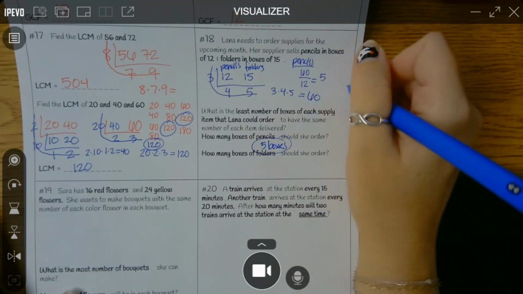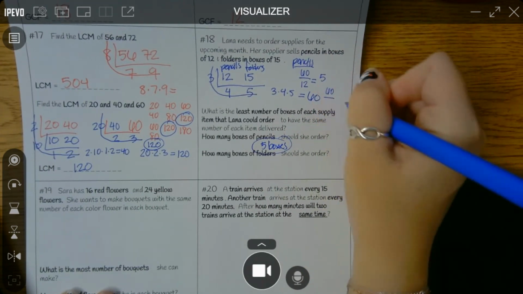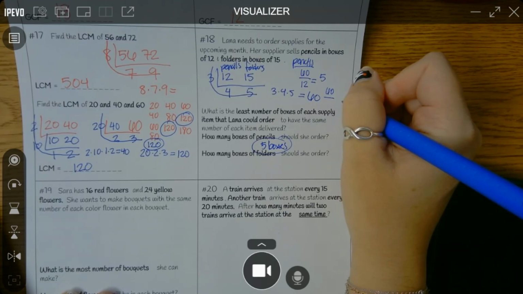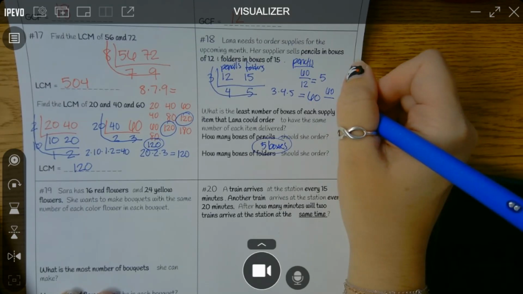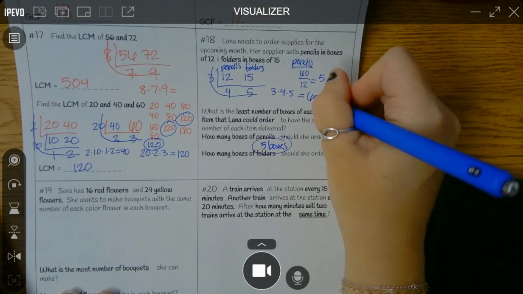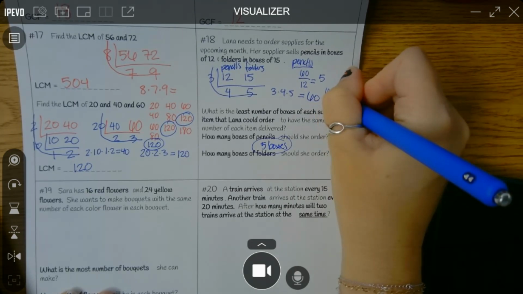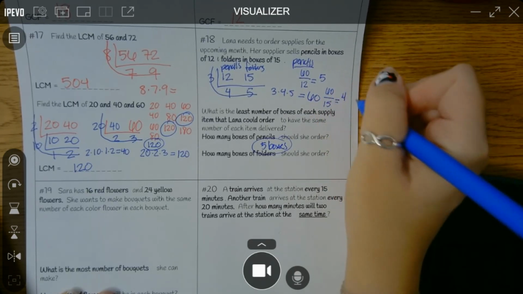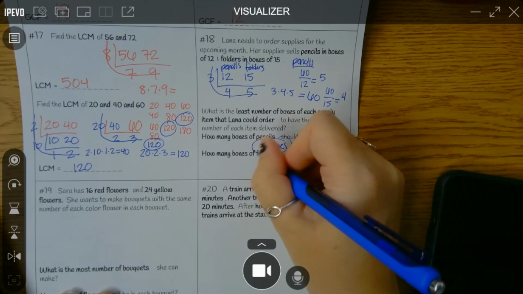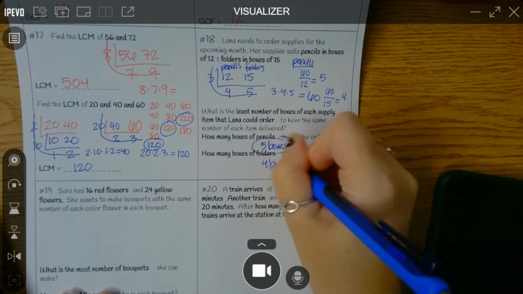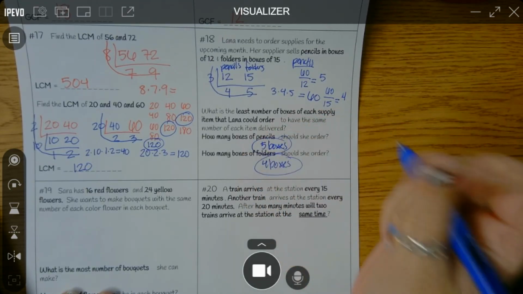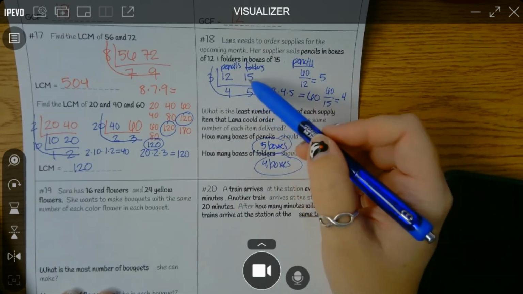And then again, I want 60 folders because you want to have the same of each item. And folders come in boxes of 15. So if I do 60 divided by 15, I get 4. So I want to order 4 boxes of the folders. Do you notice something cool? Like for this one, there's the 5 and there's the 4.